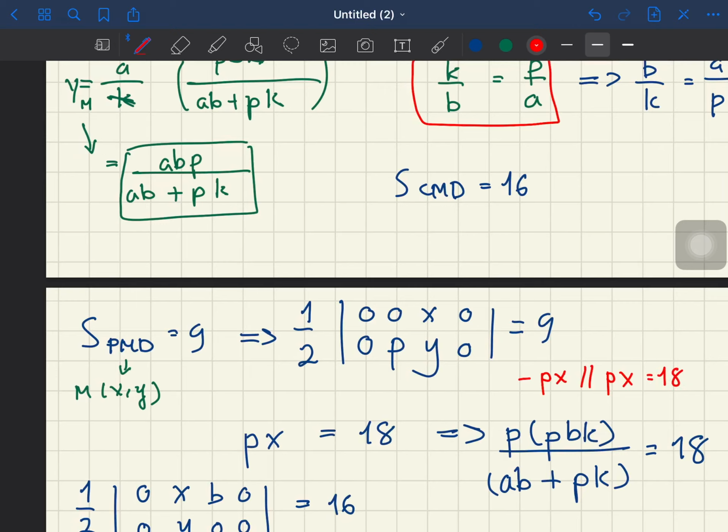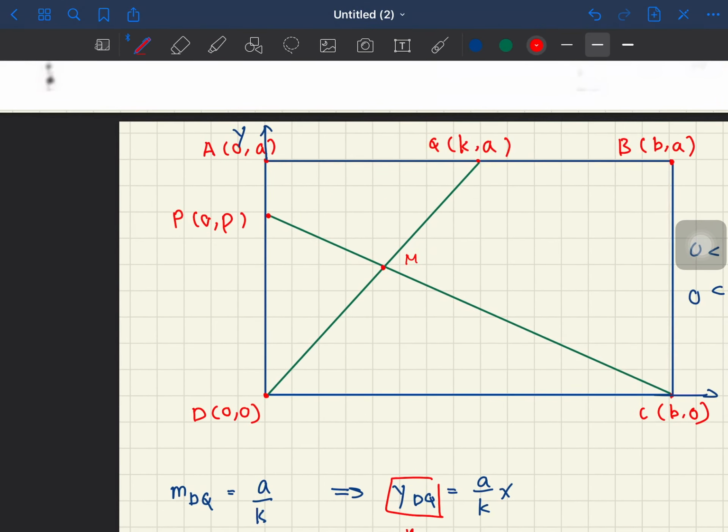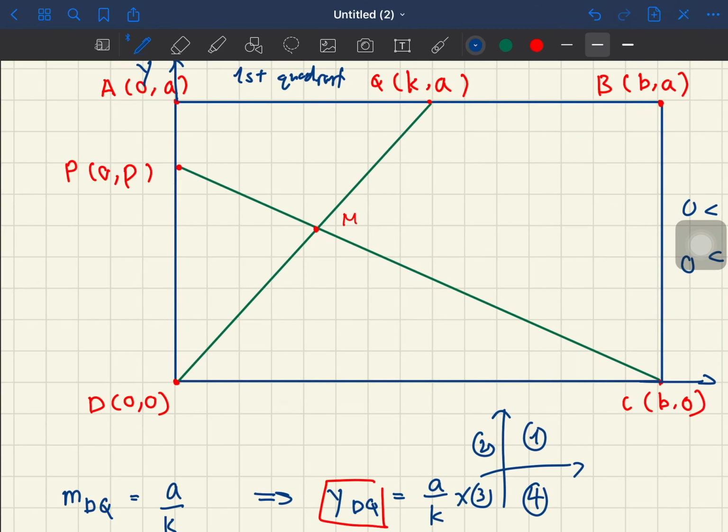Now logically speaking, P and X are both greater than 0, because in our diagram, if you look at the diagram back, we are in the first quadrant of the coordinate plane. This entire region is the first quadrant, which is like so. This one's the first, second, third, and fourth. And everything inside the first quadrant, or just on the axis of x and y, is positive.